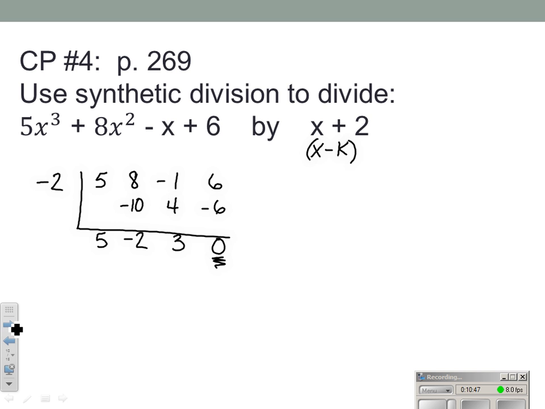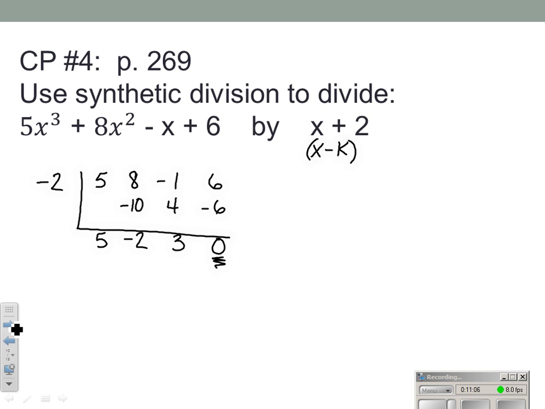Coming out with 0 tells me that x plus 2 divides evenly into that polynomial that we started with. Now, the other thing that it tells me, it gives me what the polynomial answer was that goes with that divisor.